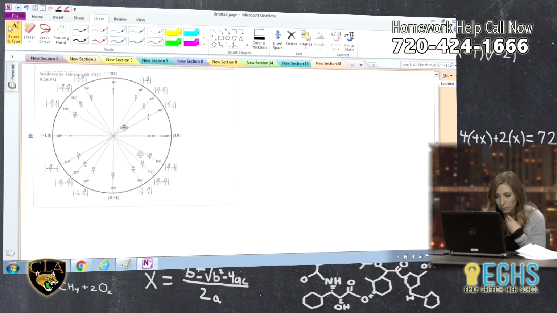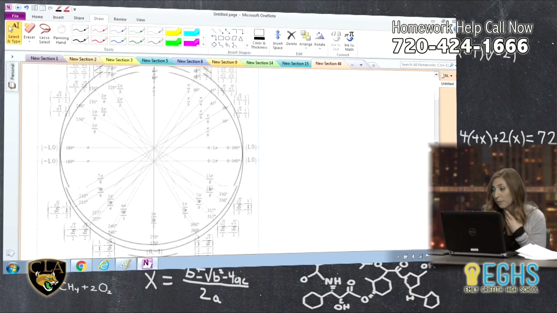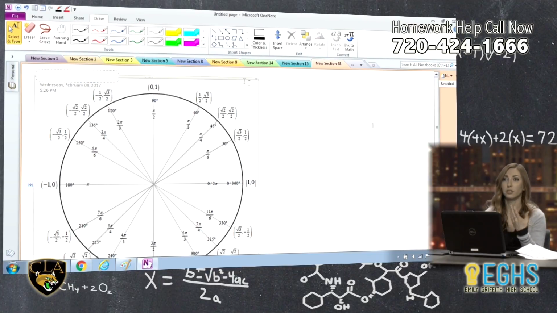And a radian, there we go, I got my unit circle. So a radian is a measure of distance, unlike a degree.